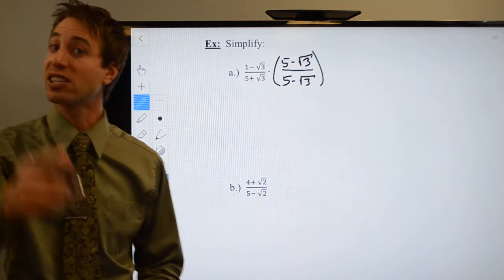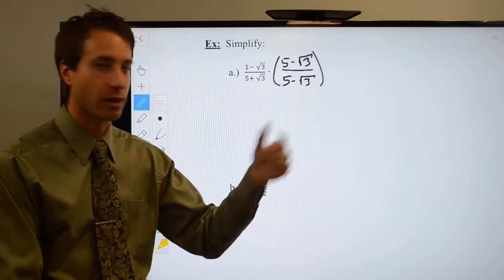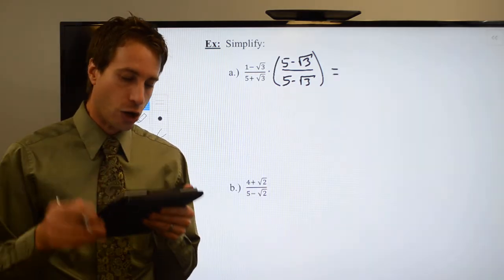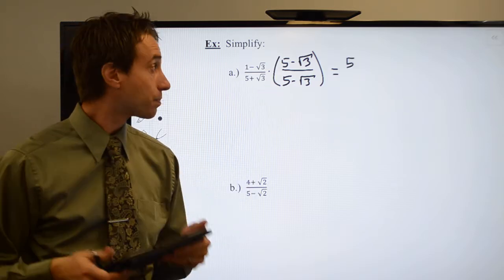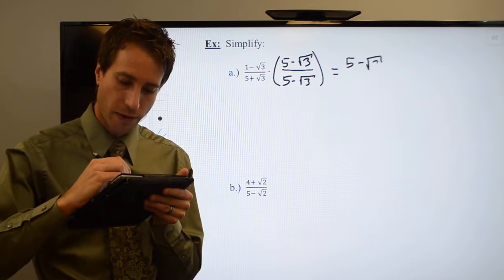Just like with complex numbers, binomial times binomial, it's FOILing. You're going to FOIL this out. 1 times 5 is 5. 1 times the negative square root of 3 is minus the square root of 3.